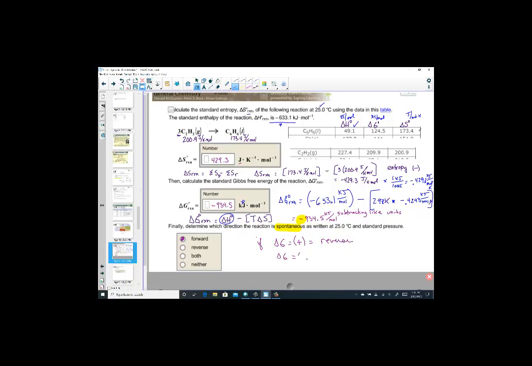Delta G came out negative, so we know the forward direction is spontaneous. And if delta G is 0, you're at equilibrium. So both forward and reverse if it's 0.